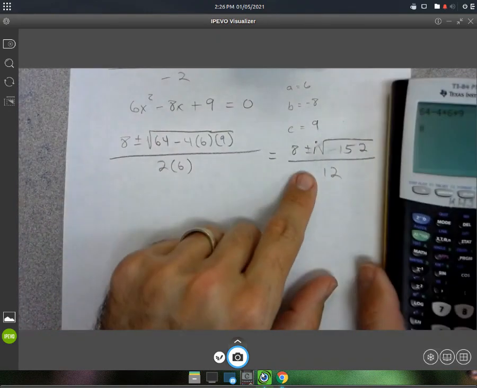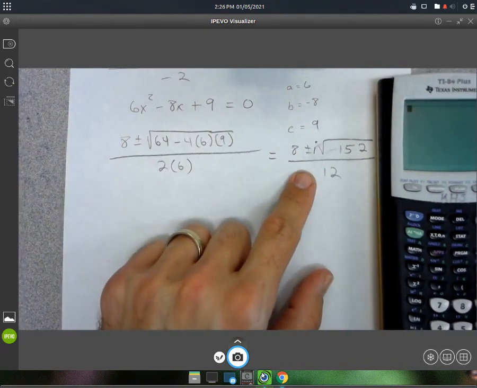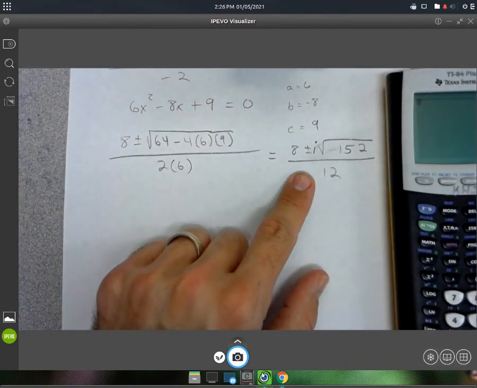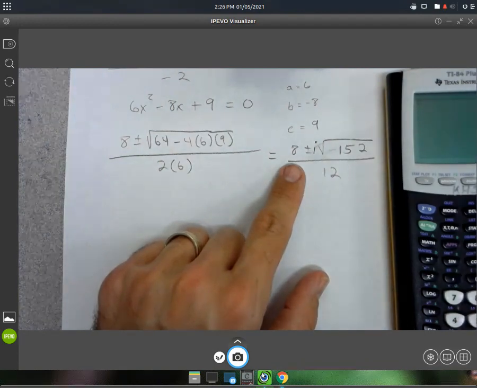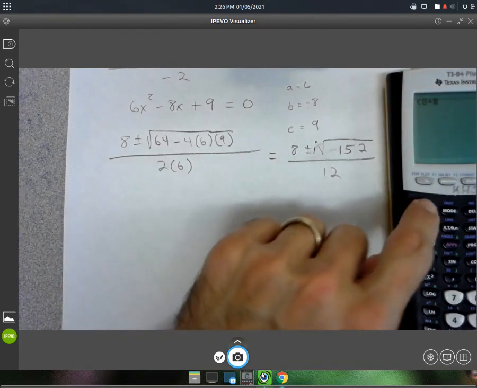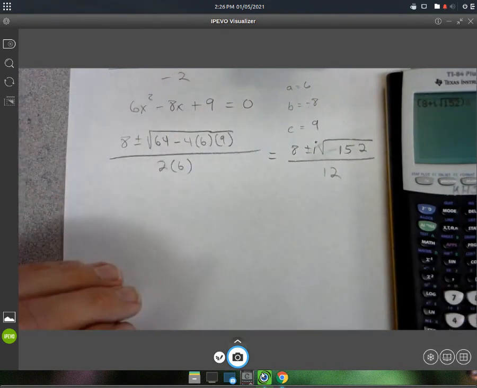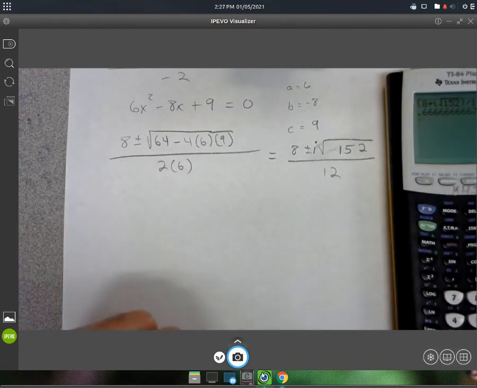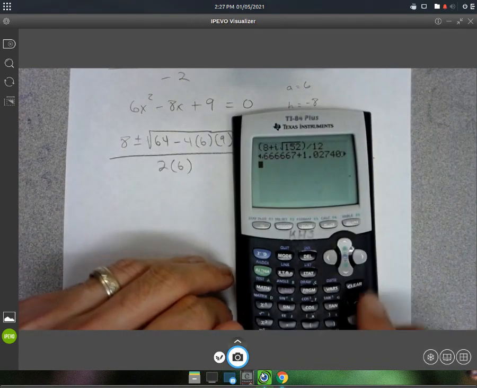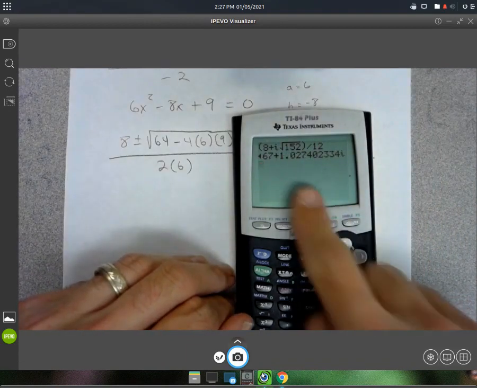I'm going to go ahead and give you the decimal answer for it. Sometimes they do that where they ask for the decimal answer instead. So we would need to do 8 plus i square root of 152. So we got all that for the top, and then divided by 12. All right, so this is our answer, and you can toggle over and see the rest of it.